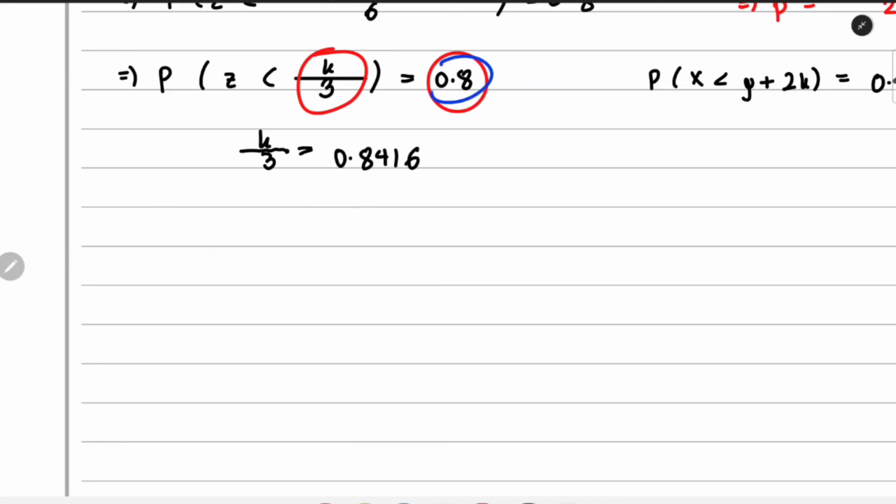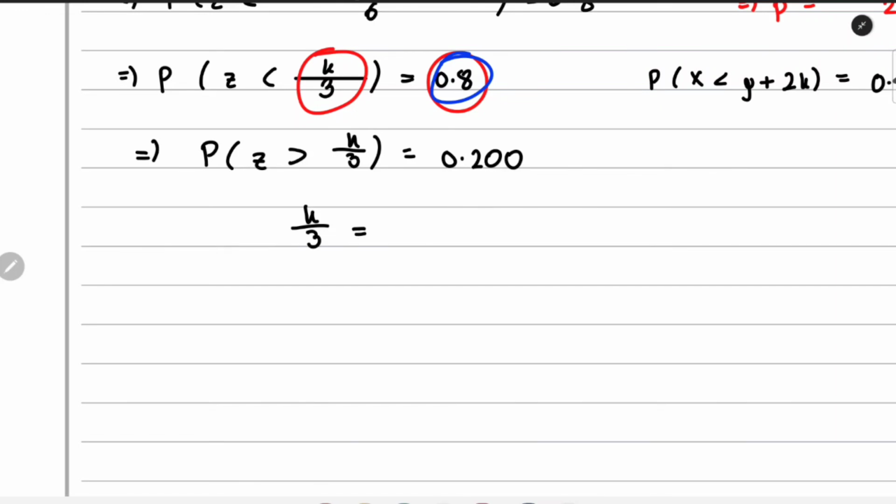You can use the smaller table in this scenario because this is less than. If we switch the sign, we'll have 0.200. So you can use the smaller table over here as well. So we'll get k by 3 equals 0.8416. So k is 3 times 0.8416, or 2.5248.